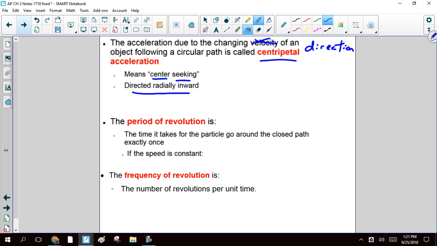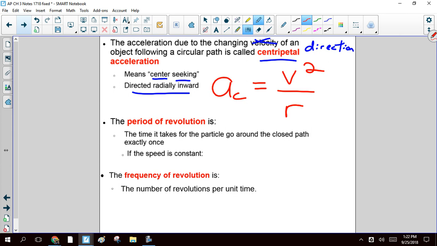Again, I'll talk about that in a second. For now, what we need to remember is that to calculate centripetal acceleration, you take the magnitude of the velocity squared and divide it by the radius. Notice I did not label any of these as vectors. That's because this equation simply gives us the magnitude of the acceleration.